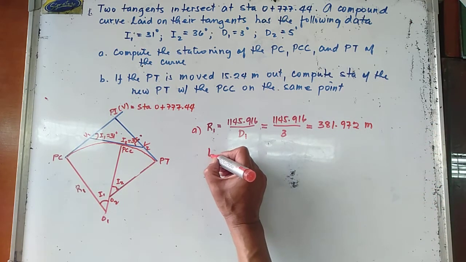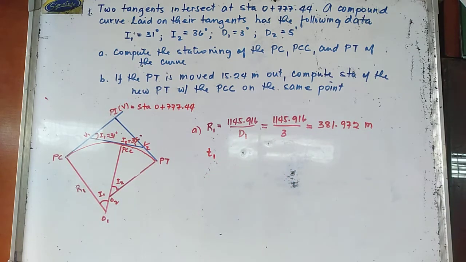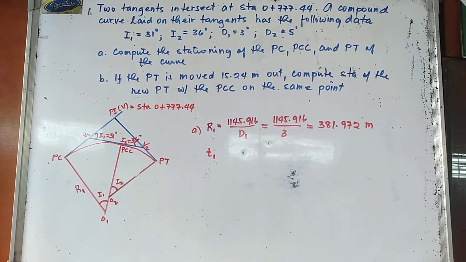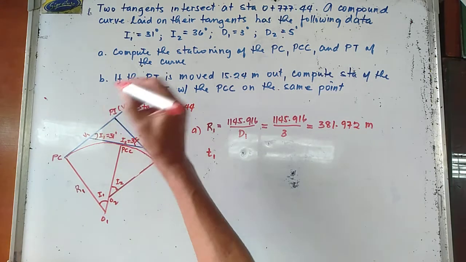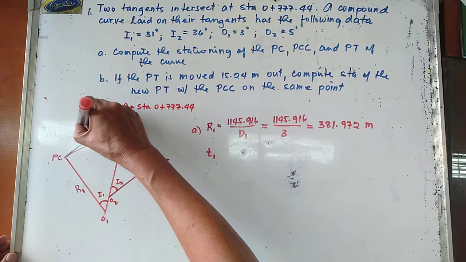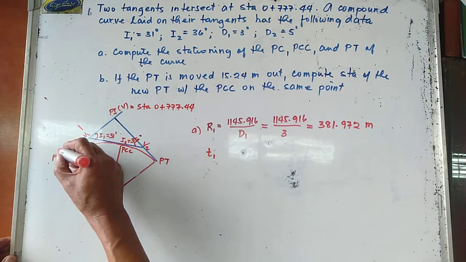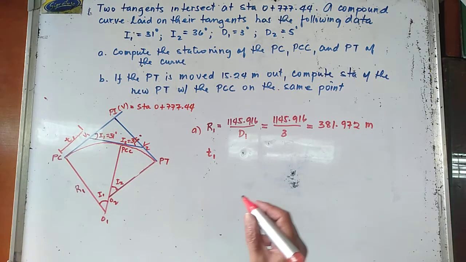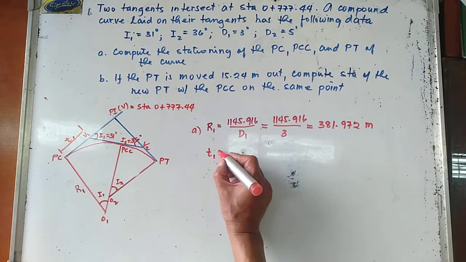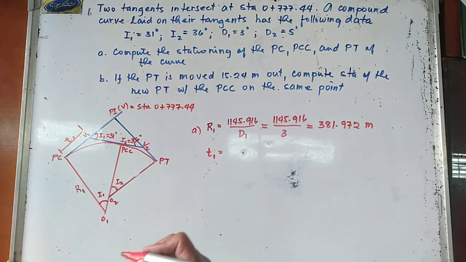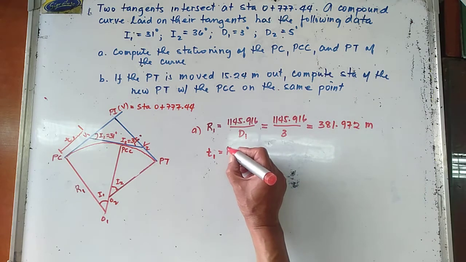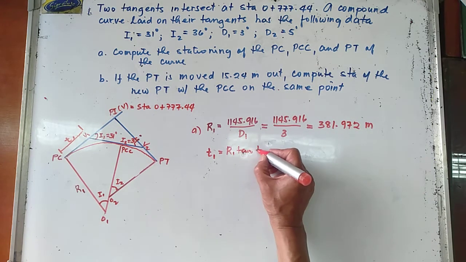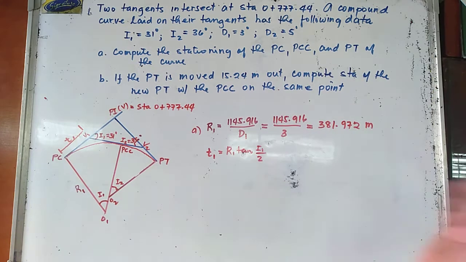Your T1, the tangent distance of the first simple curve, which is the distance from the PC to the PI, is equal to R1 tangent I1 all over 2.